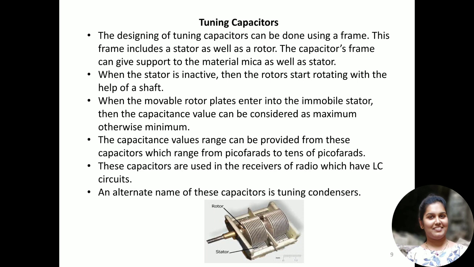When the stator is inactive, the rotor will be rotating with the help of the shaft. Here stator and rotor are nothing but the plates, that's all. Those are nothing but plates only. So when a stator is inactive, the rotor starts rotating with the help of the shaft. When the movable rotor plates enter into the immobile stator, then the capacitance value can be considered as maximum, otherwise minimum.